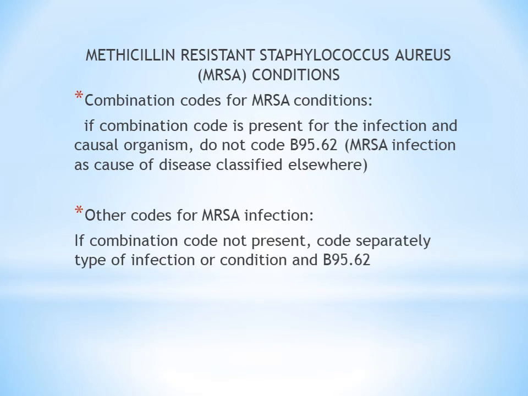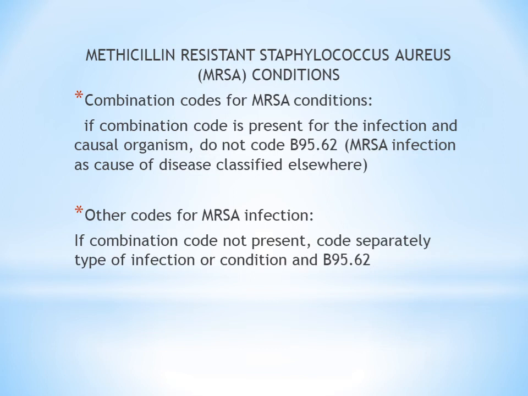Next one is MRSA conditions, or methicillin resistant Staphylococcus aureus conditions. First one, combination codes for MRSA condition. That is, if a combination code is present for the type of infection and the causal organism, that is the organism which causes the infection, then we should not code separately the code for the organism.